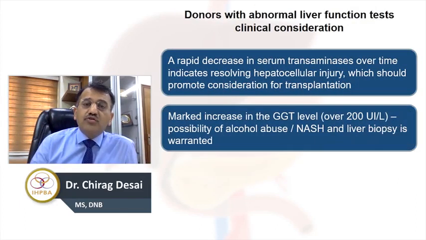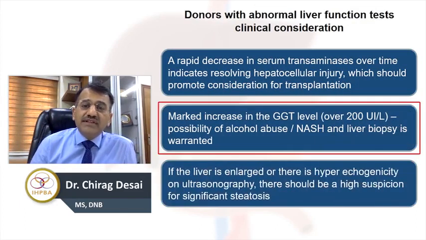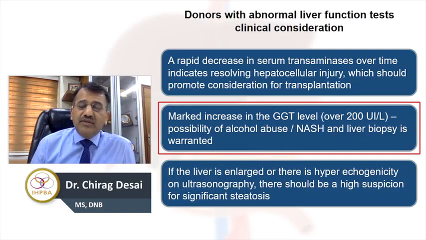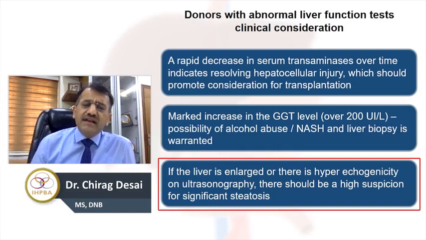One must also rule out underlying liver disease when there are altered liver function tests, like alcohol abuse, underlying chronic liver disease, or non-alcoholic steatohepatitis and autoimmune liver disease. If the liver is enlarged and there is hyperechogenicity on sonography, there should be suspicion of steatosis.